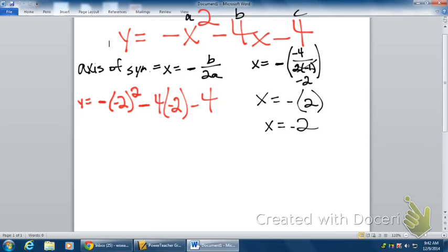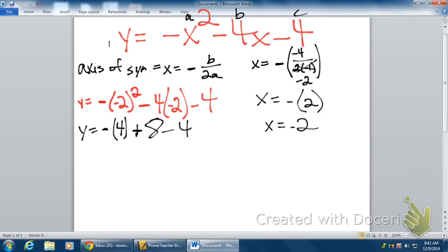This is going to give me 4. When you multiply that out, that's going to give me a positive 8. It's going to be minus 4. That's zero. Does everybody follow me so far?